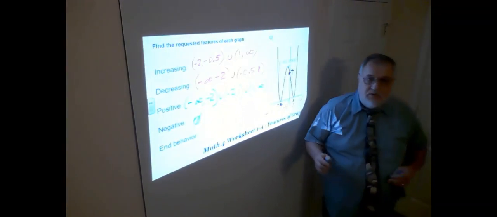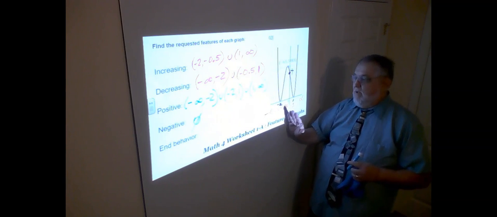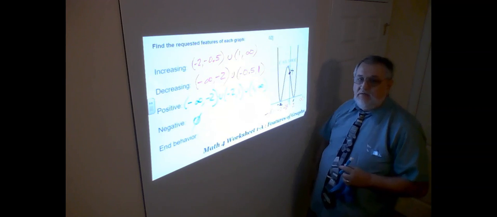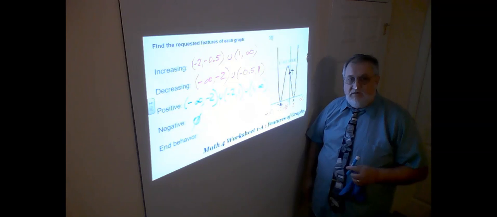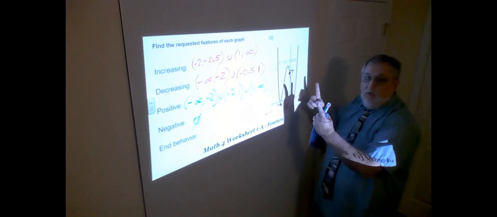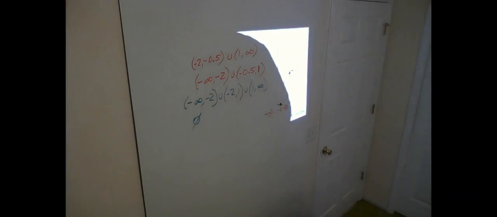So that deals with all three chunks: the left chunk up to -2, the middle chunk up to 1, and then from 1 to infinity. All three of them are covered. All right, end behavior. They're both going up forever, right? So here's how we're going to write this.